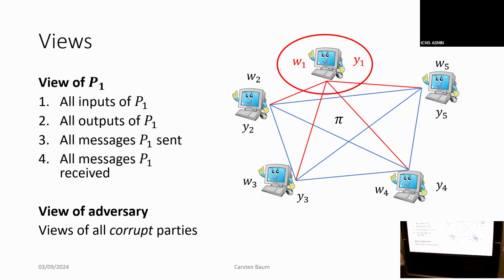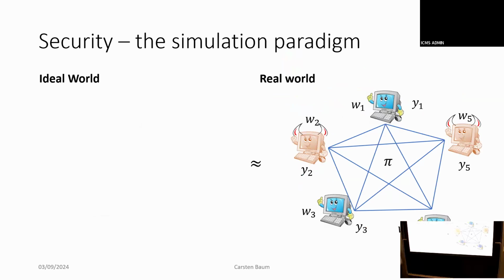Having this, we can now make a very similar security definition to the one we made yesterday, based on the so-called simulation paradigm. We set this up as 2 worlds, as a security experiment. Yesterday, the indistinguishability argument assumed there are 2 worlds.